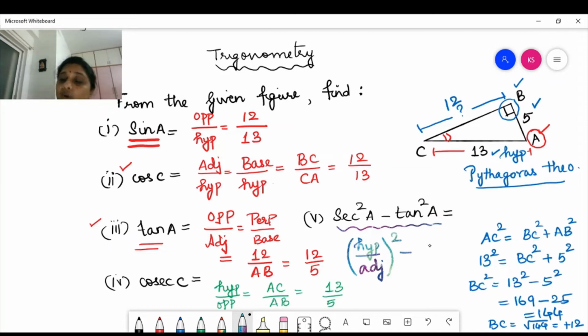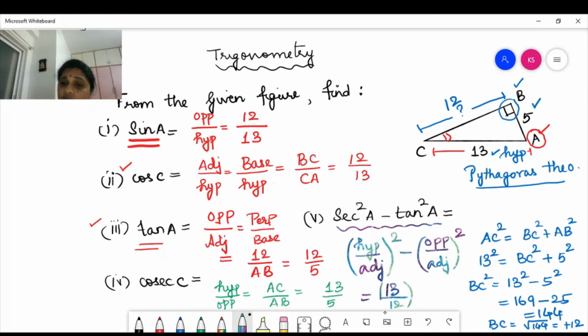Now tan A. What is tan A? That's going to be opposite divided by the adjacent, and there is a square on top, so we are going to square it. What is the hypotenuse here? It's 13 divided by the adjacent. The adjacent of what angle? C. The adjacent of C is going to be 12.